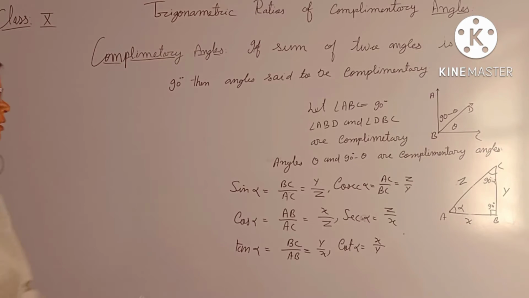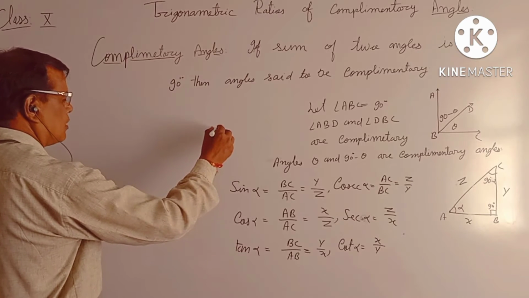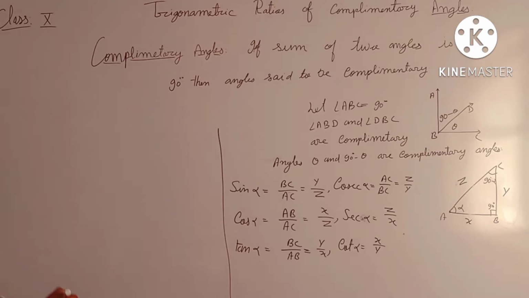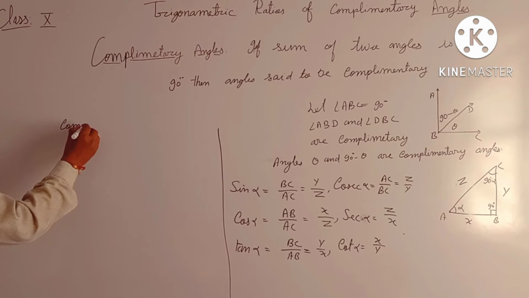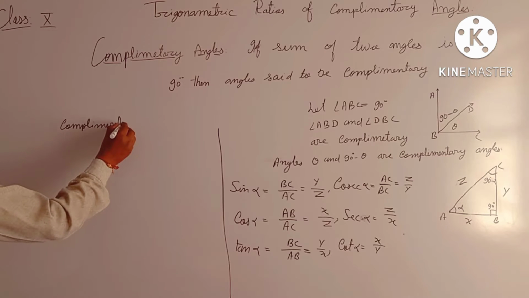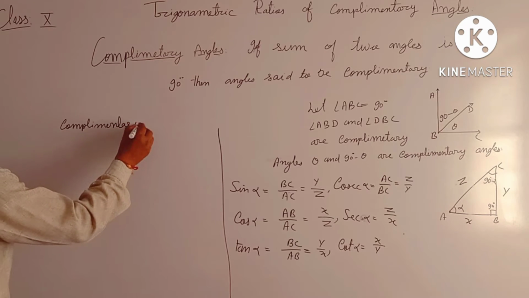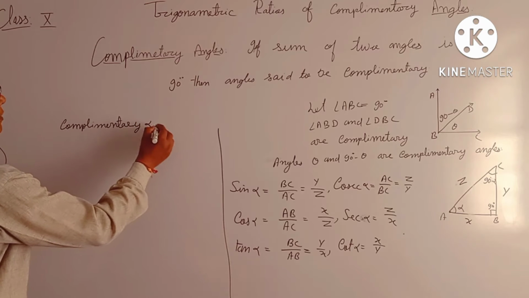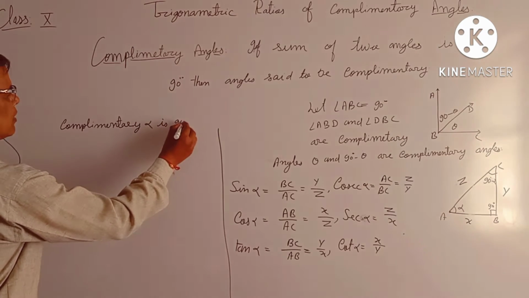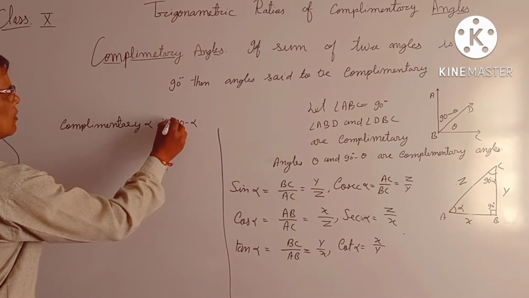Now we are going to find the trigonometrical ratios of the complementary angle of alpha, not theta, alpha, which is 90 minus alpha.